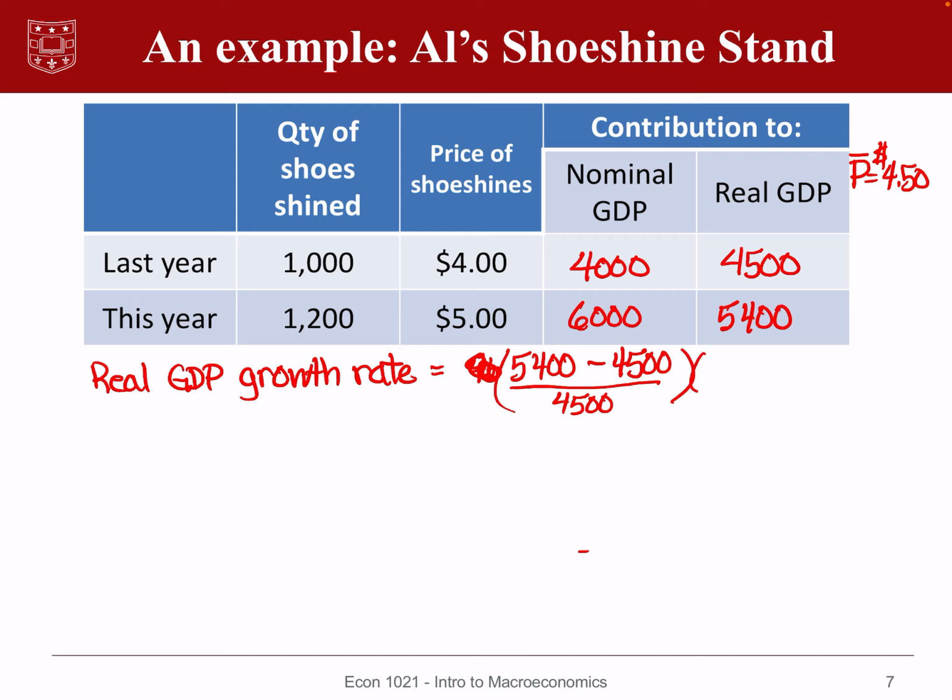And then we're going to again multiply that by 100 to express it as a percentage. So when we do that, what you will find is that that is 20%.